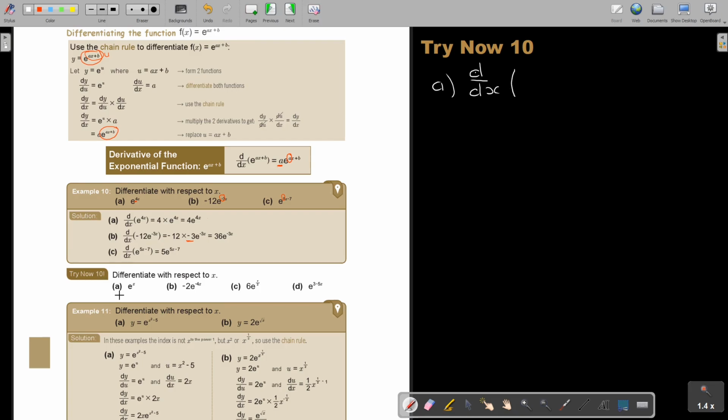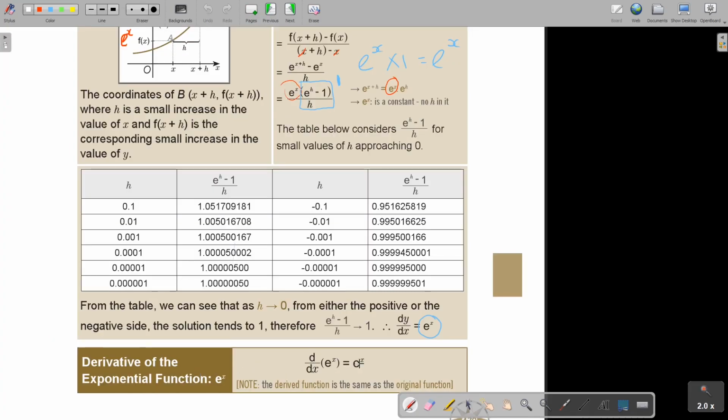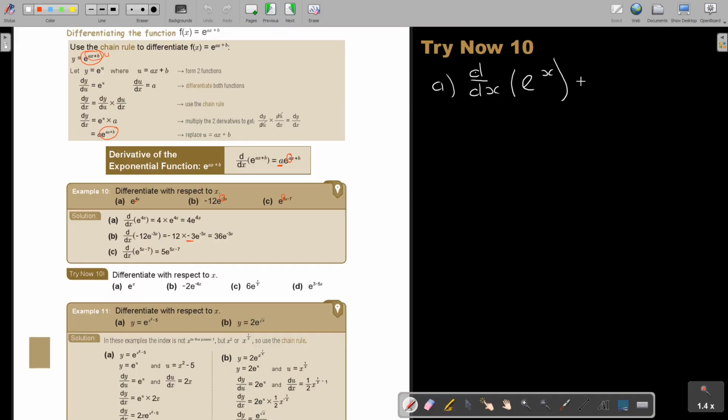Because there's not a y equals, so I use this notation then. And then I just write the function down. Now remember, if I just rewrite this, this will just be e to the power of x. There's just a 1 in front, so if you multiply with 1, it stays 1, okay?